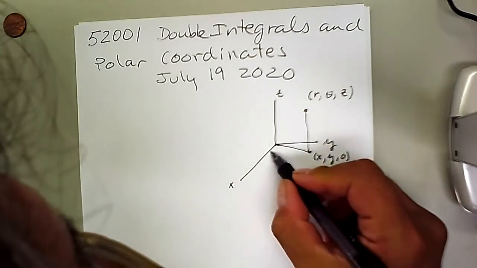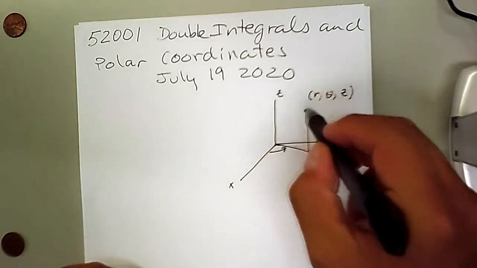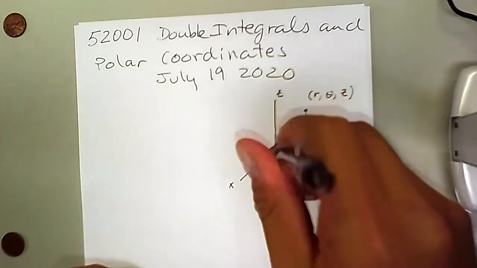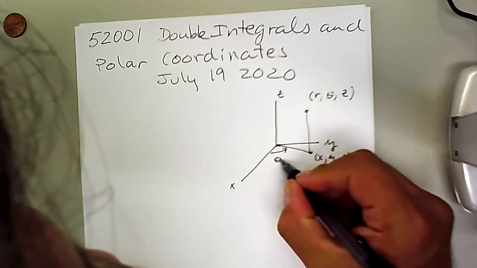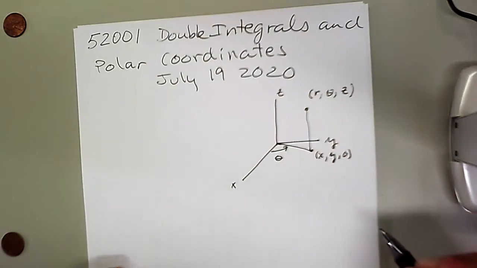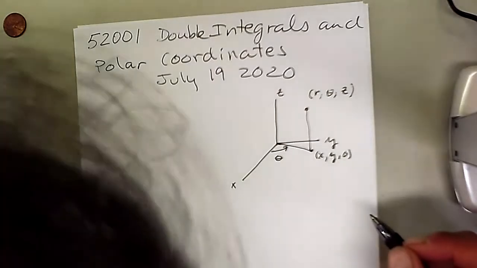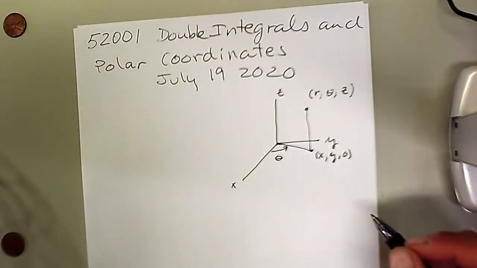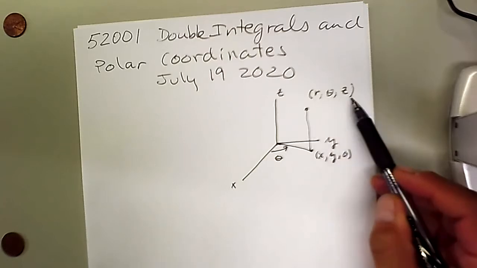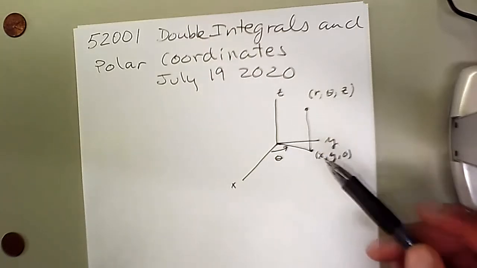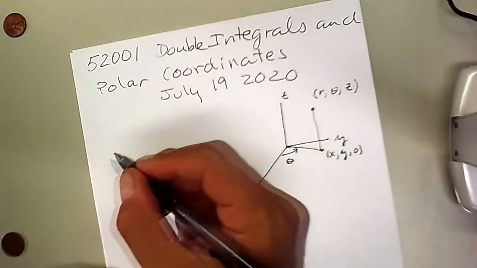And so r is the distance from the origin to the projection x, y, 0. And theta is the angle measured positively counterclockwise from the view from the top, starting with the positive x-axis. So that would be theta. And of course, theta is always in radians. So to transfer r, theta, z into x, y, z is reasonably well known from calculus 2.